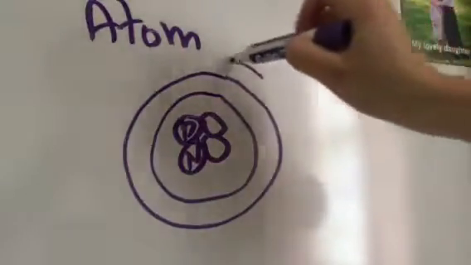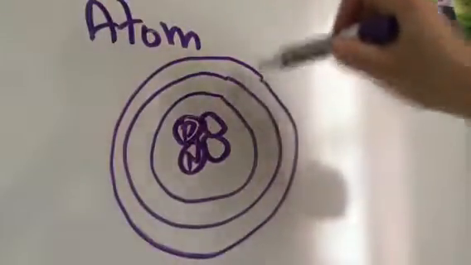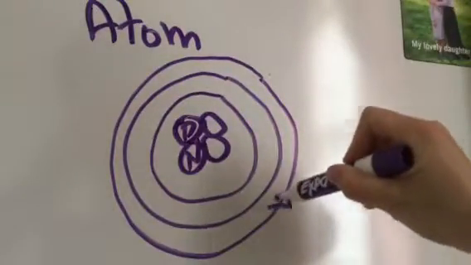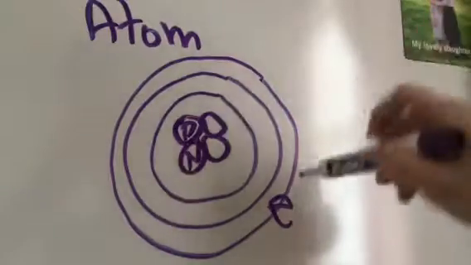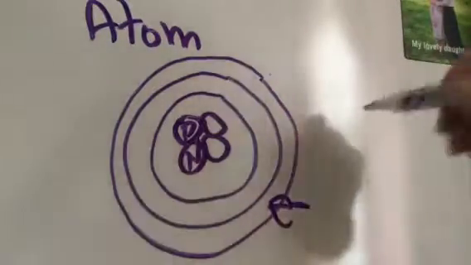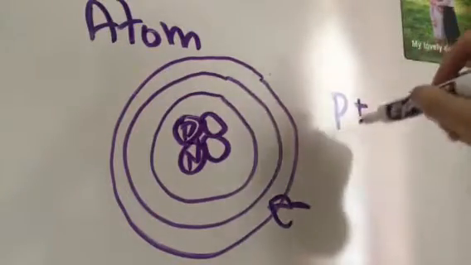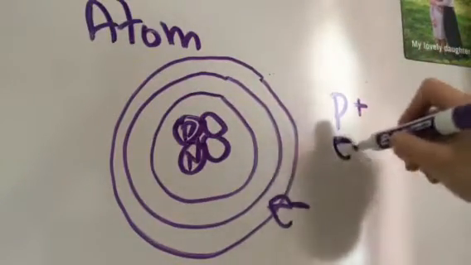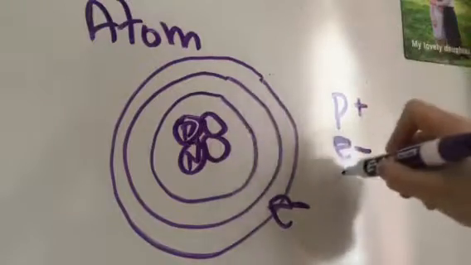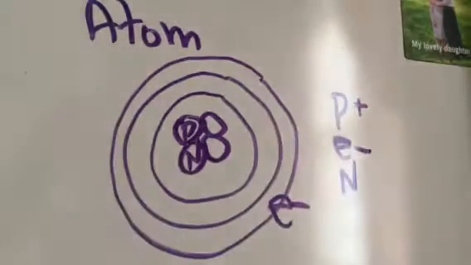Another word for them would be shells that go around the nucleus. And these shells have electrons that are negatively charged. Protons are positively charged. Electrons have a negative charge, and neutrons are neutral. They don't have any charge.